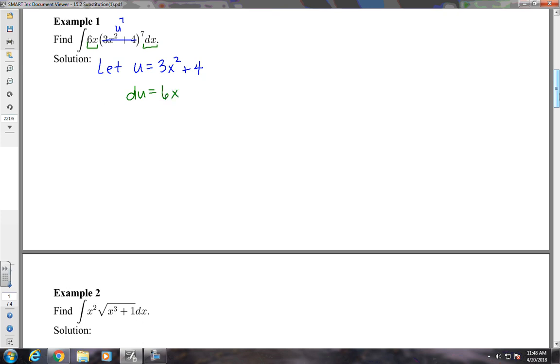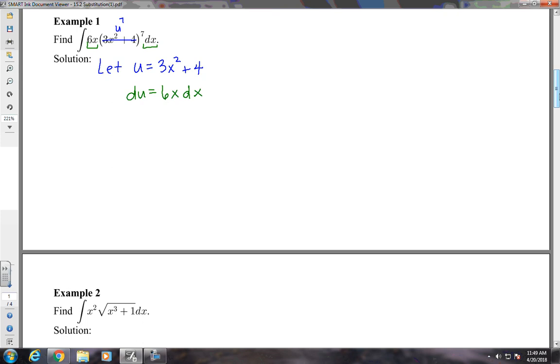We'd end up with 6x. Now, we're also going to use this differential notation dx to indicate I differentiated the right side with respect to x. All we really did there was find the derivative of u with respect to x, right? We're just splitting up this differential term so I have a du on the left and a dx on the right. You're going to do that every single time you make that substitution statement.